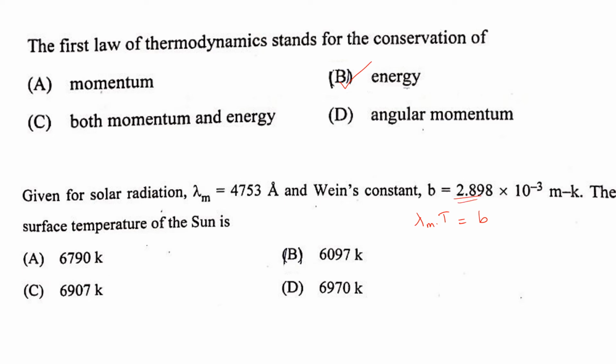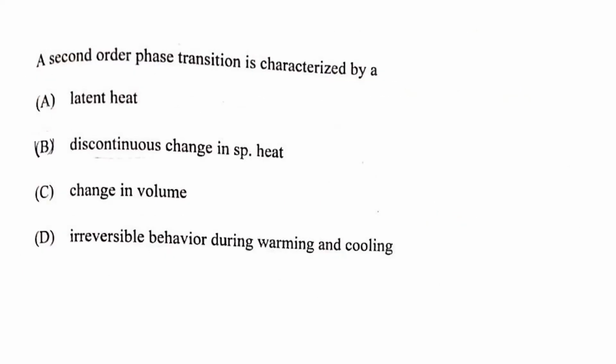That constant is called Wien's constant. Then T is equal to B divided by lambda m. If you substitute the values of B and lambda m, you will get the answer 6097 Kelvin. Therefore, option B is correct.